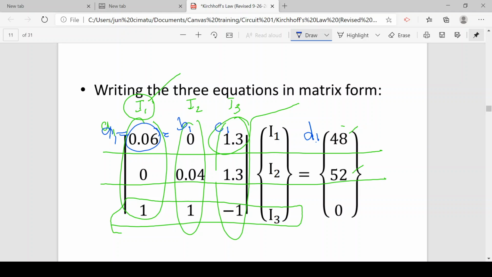Input 48 and press equals. Continue in the same way for the second row, with D2 as 0.04, and then C2, D2, and then the values for the third row, C3 and D3.